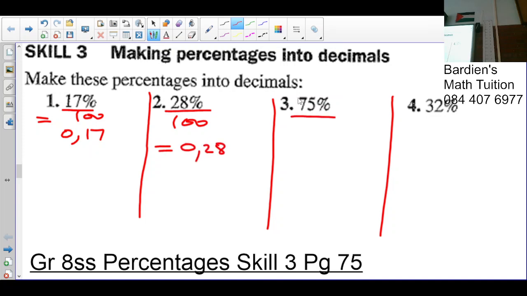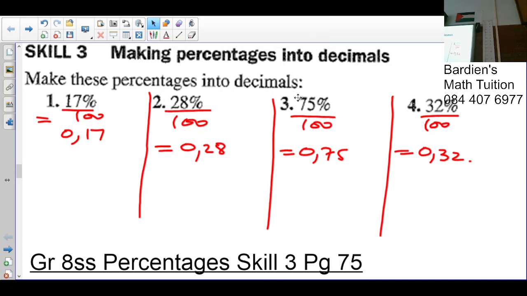Divide that by 100, what do I get? 0.28. Divide this by 100, what do I get? 0.75. I'm upset this stuff is so easy, no? You're not upset? But you guys understand? Yes, Michael? So if you just say that it's 17 over 100, you don't divide it, then of course you're going to lose the mark. Why?